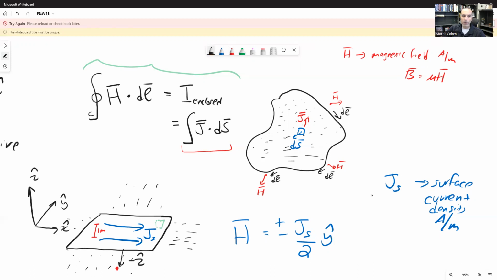So the magnetic field should be in the direction of J cross R. X cross minus Z equals the positive Y direction. So we expect the magnetic field right here to be in the positive Y direction, like this.